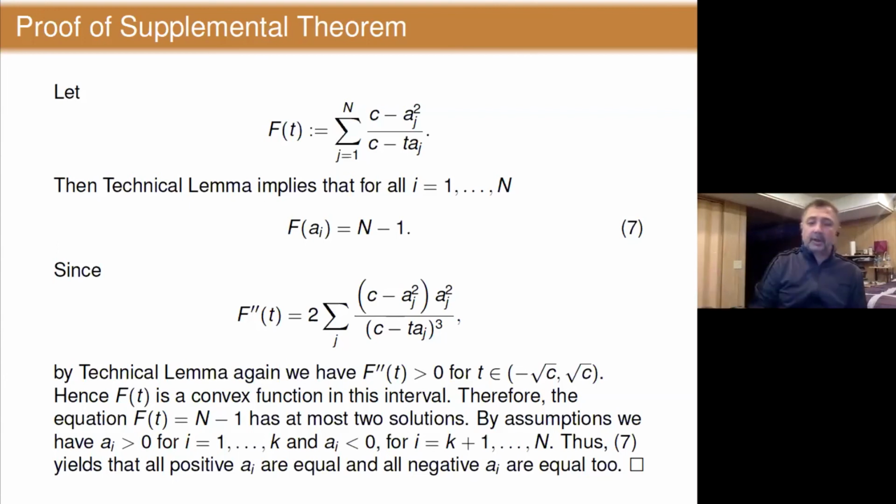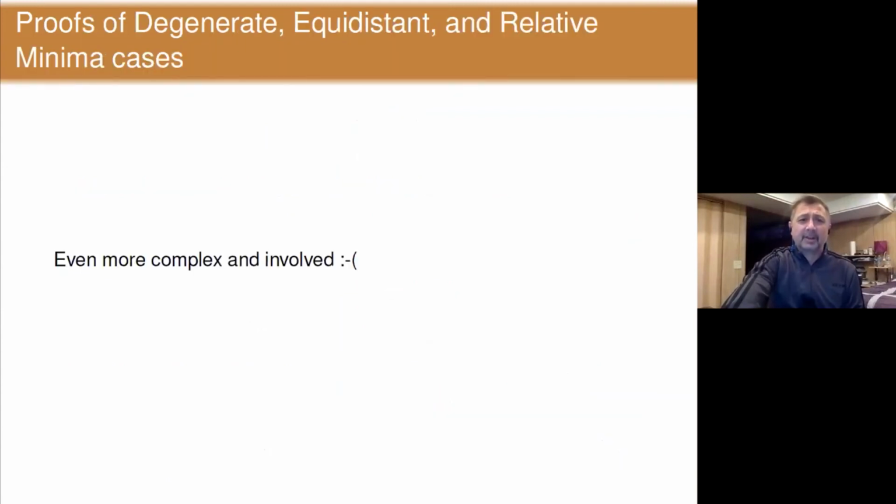So this is a fundamental piece of the proof. Now, of course, that's not all, right? We're talking about the degenerate, equidistant, and relative minima cases, and there's much more that goes in.